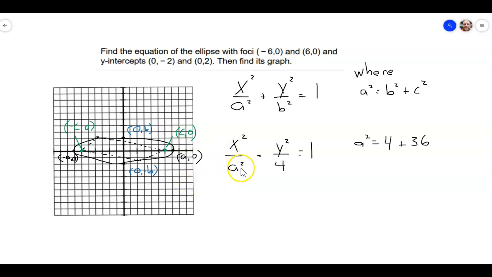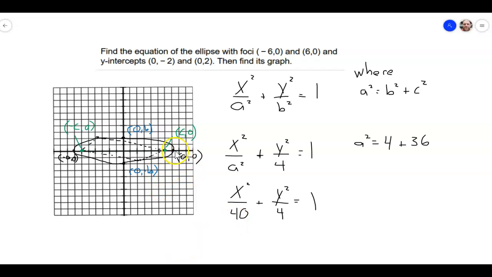So I can just replace this down here with 40, and I'm going to get x squared over 40 plus y squared over 4 is equal to 1. And then I know that these points here are going to be the square root of 40, because that's my a.